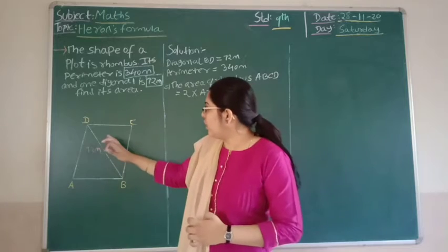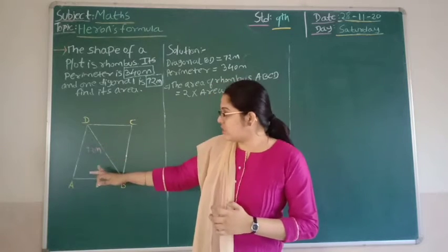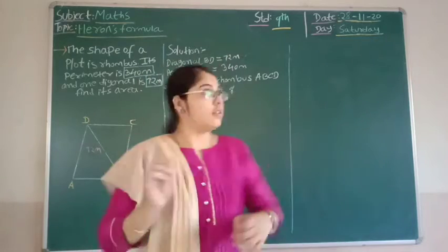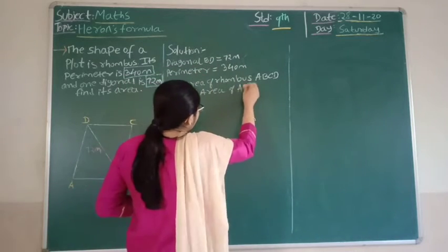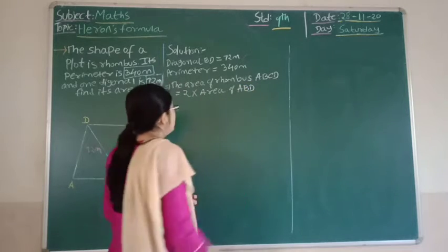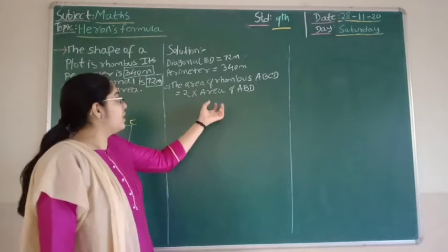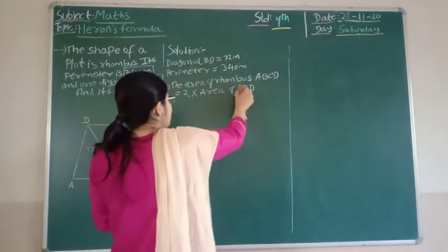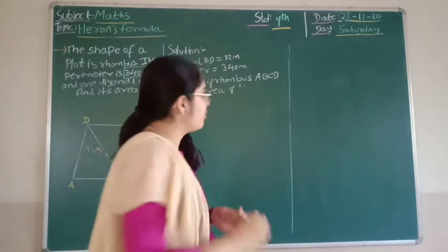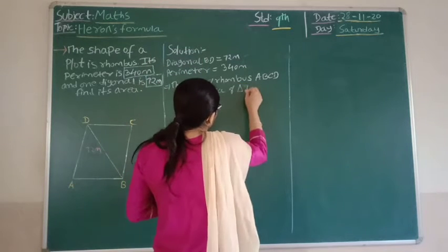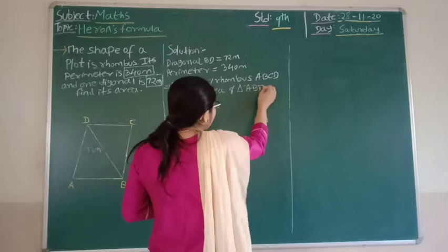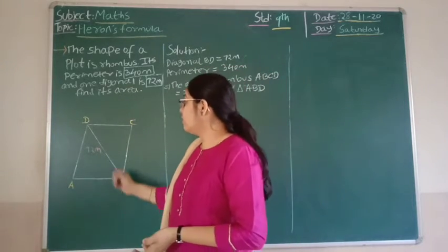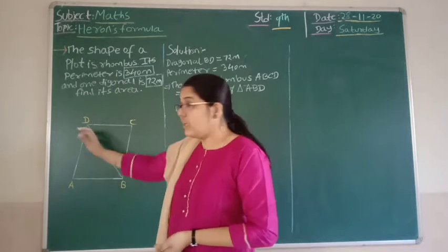Even if I find the area of the other triangle, it is going to be the same. So I am considering the triangle ABD. For that we need to find the area of triangle ABD.